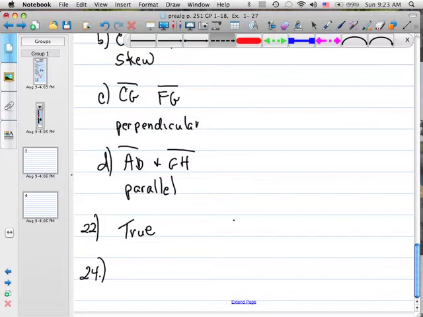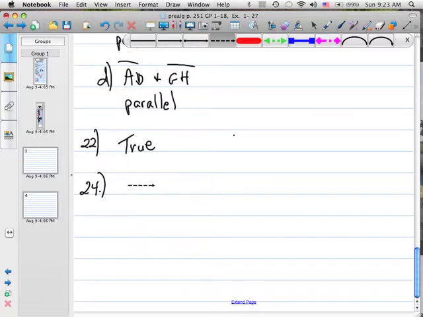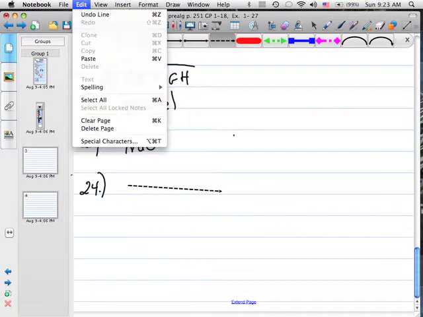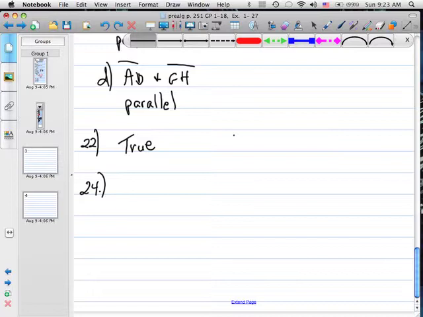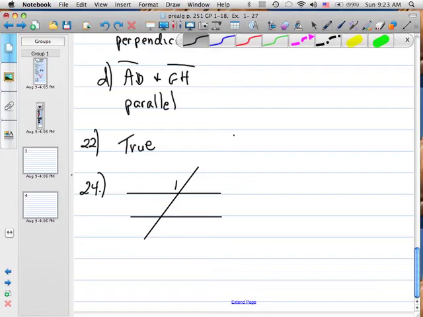Okay, if we draw that figure. Okay, we'll draw the figure and see what we can find out. We have 1, 2, and this is 40, 4, 5, 6, 7, and 8. And they want us to find the measure of angle 8.